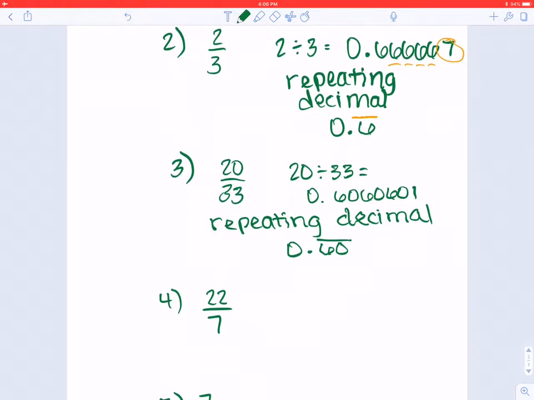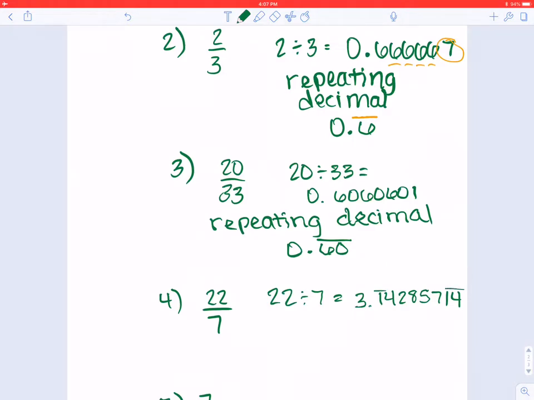All right, next one. We're going to type into our calculator 22 divided by 7, and you'll get 3.14285714. Hey, look. I ran out of space, but it starts to repeat. 1414.